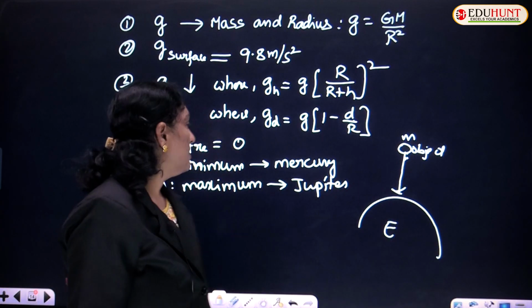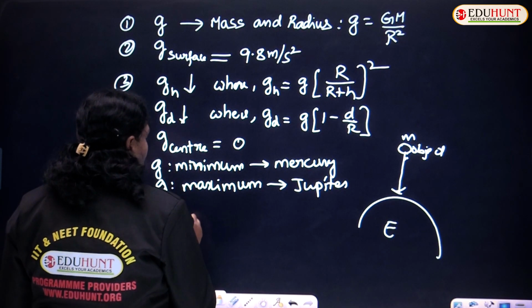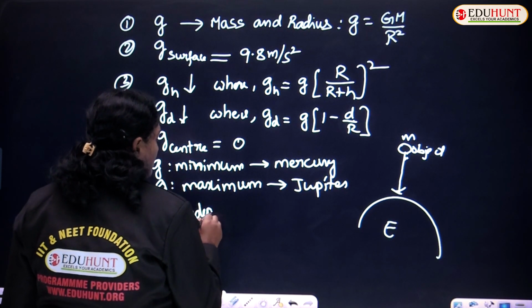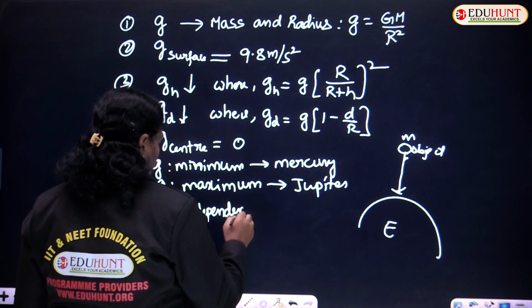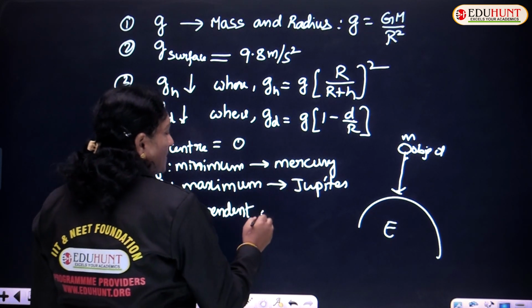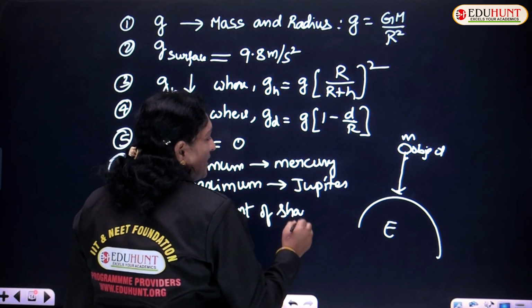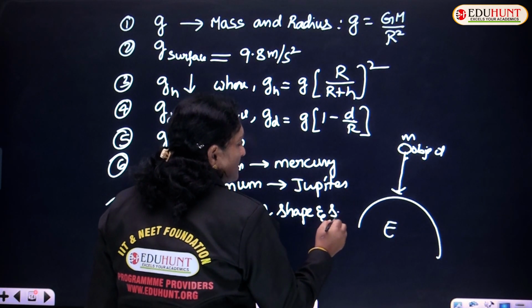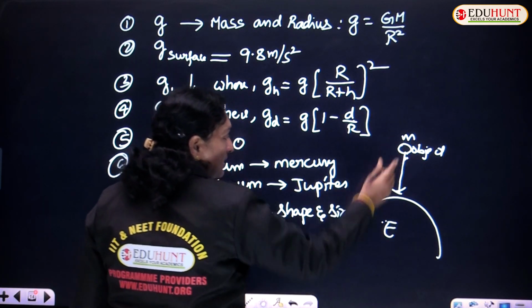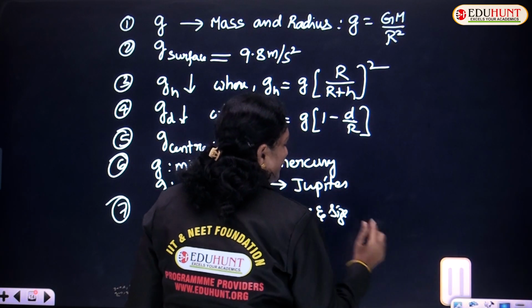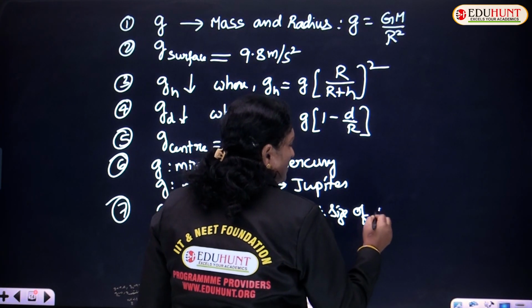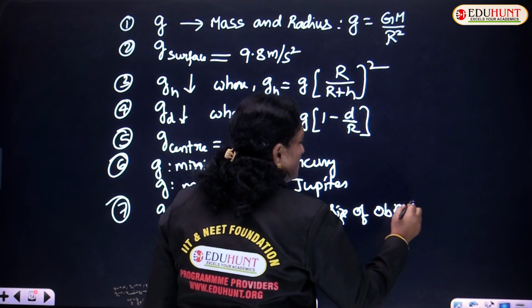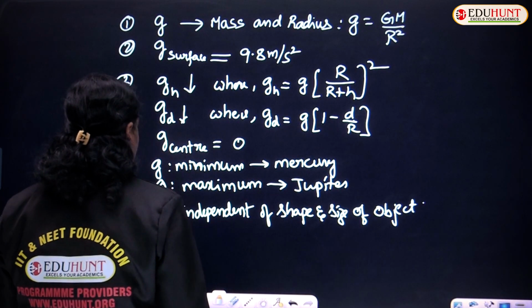So the value of g is independent of the shape and size of the object, not the earth, the object that is falling. So these are the main points you need to know, children.